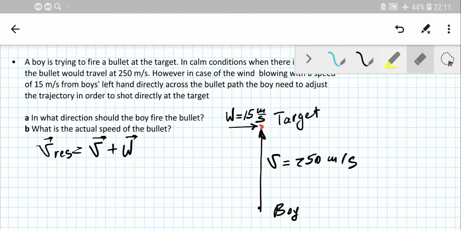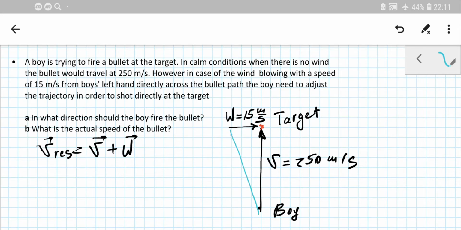According to the conditions, the boy needs to fire exactly this way. Look, that's not the path, but this is the initial direction of the velocity for the bullet. So that is going to be v bullet, but not resultant.